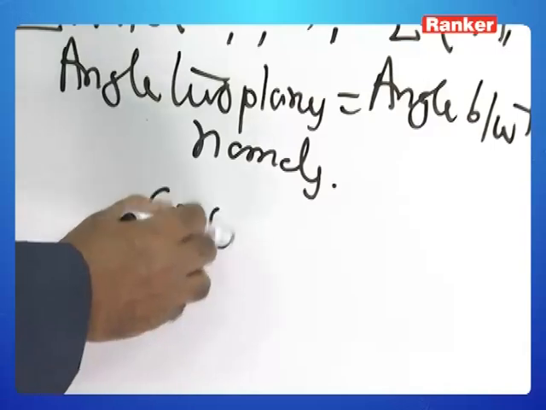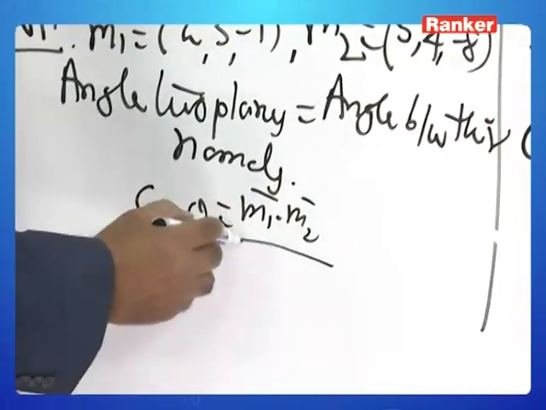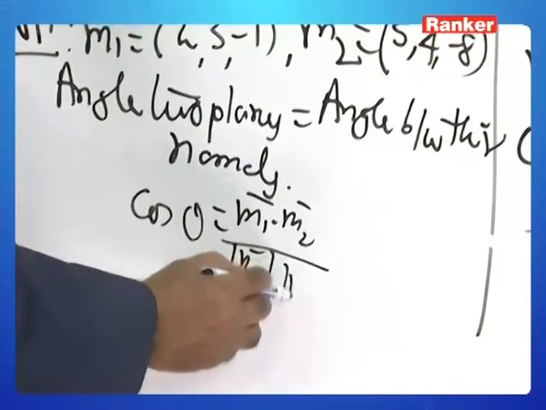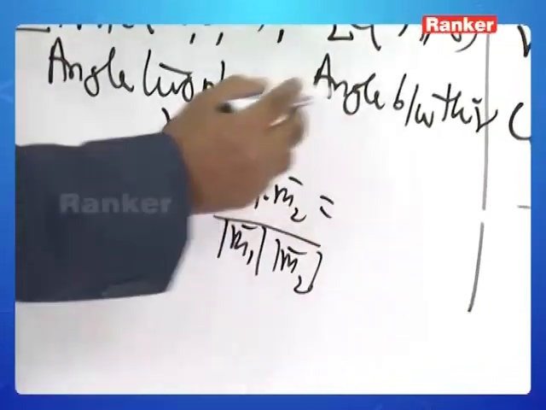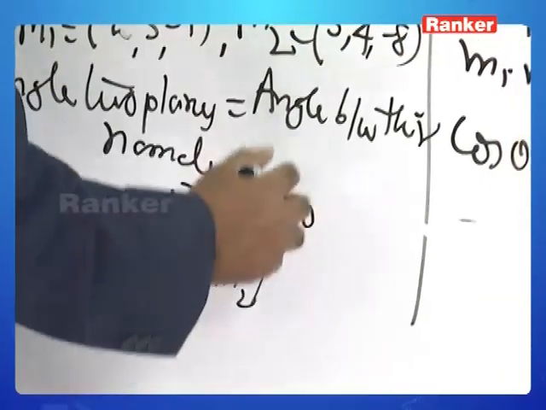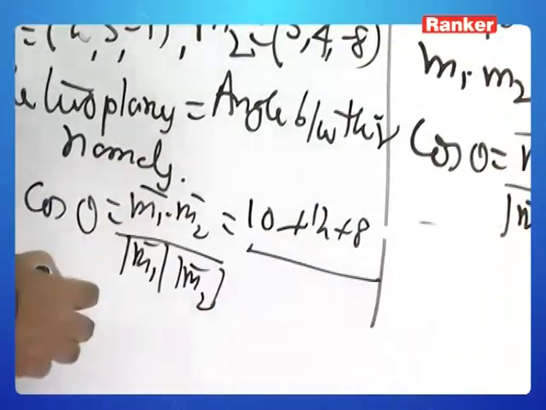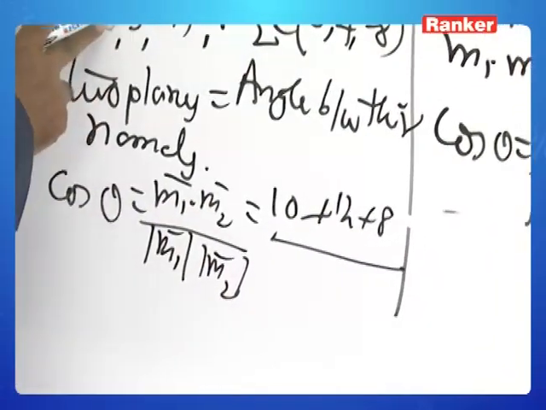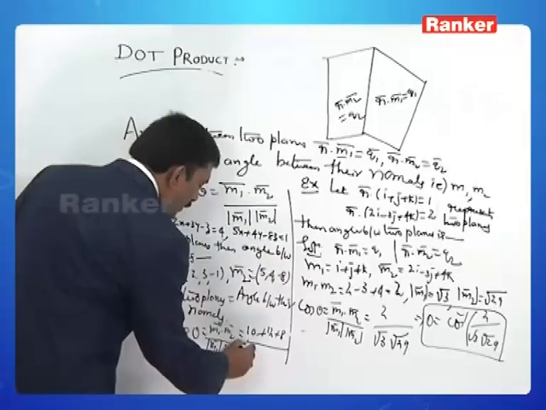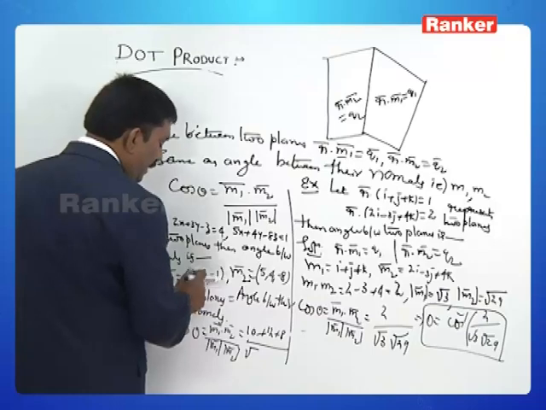Therefore, cos theta is equal to m1 bar dot m2 bar by modulus of m1 into modulus of m2. Take the dot product: 2 into 5, 10, 3 into 4, 12, plus 8, whole divided by square root of 4 plus 1, 5, 5 plus 9, it's 14.